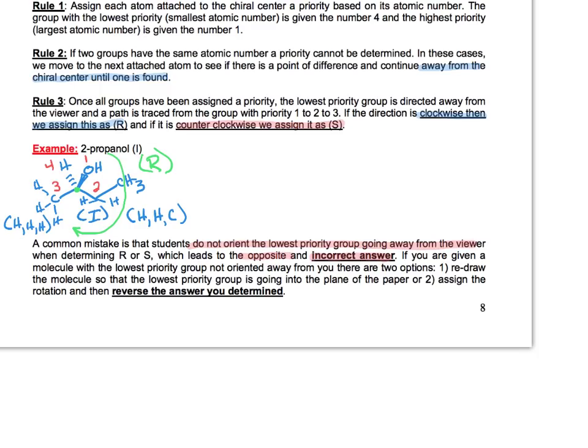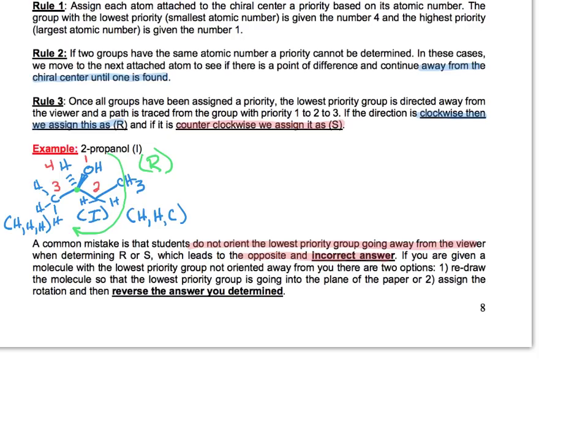You're going to get the opposite answer. So, there are two ways to deal with this. One, you can redraw the molecule so that the lowest priority group is going away from you into the plane of the paper. Or the second is you can assign the rotation and then reverse the answer that you got.